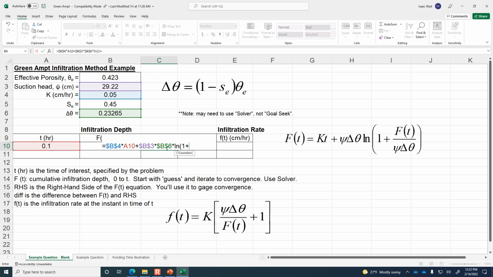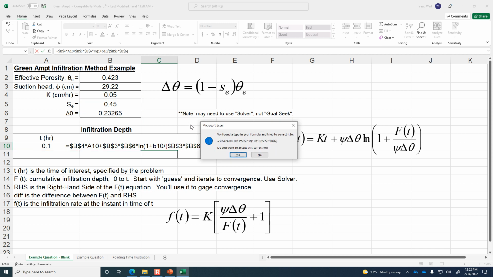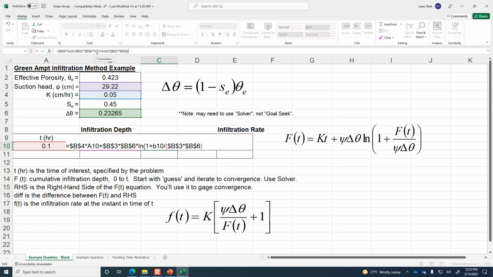I'd normally click on the location, but I've got the formula centered so it's clogging the space, so I'll just type in B10. That's the location where we have the F sub t. And F sub t is divided by, let me put this in parentheses, the psi, anchor that reference, times the delta theta, and anchor that reference. All right. A typo. Oh, okay, I need one more parenthesis to close out the logarithm, because I had a parenthesis at the beginning of the logarithm. That ought to do it, I hope.